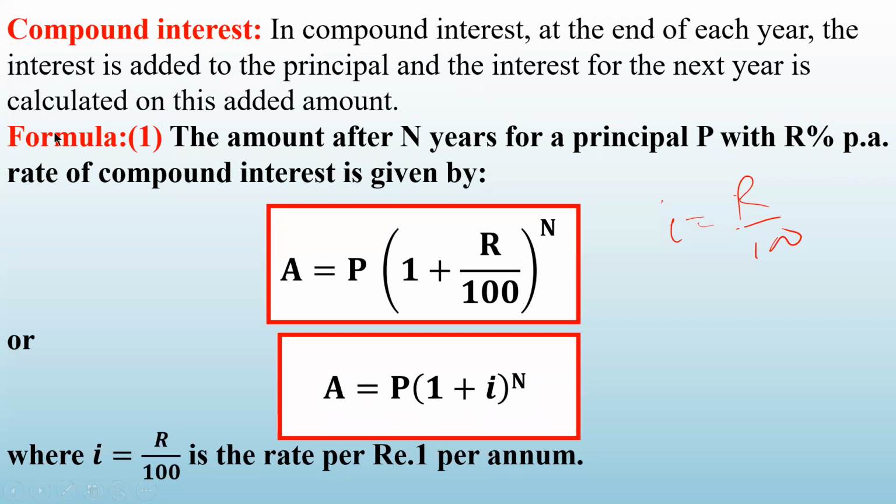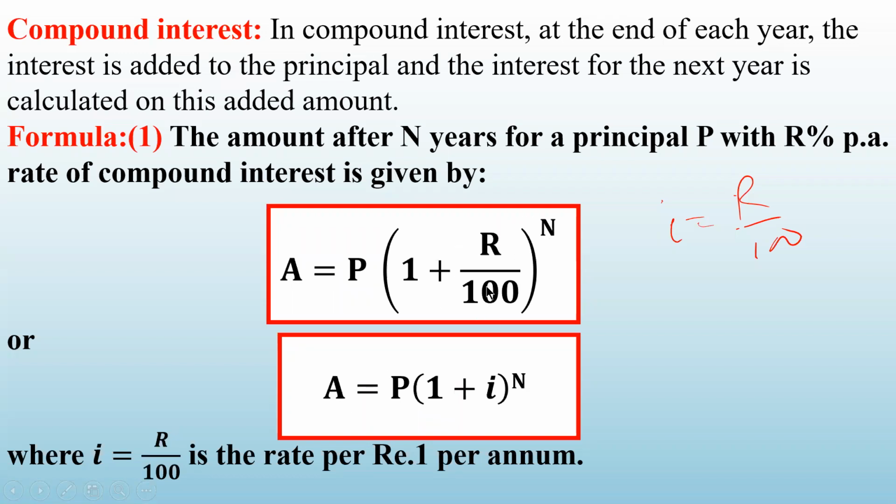Now we have seen the formula. In compound interest, the accumulated value A after n number of years with R% per annum rate of interest is given by A equal to P into (1 plus R upon 100) raised to power n.